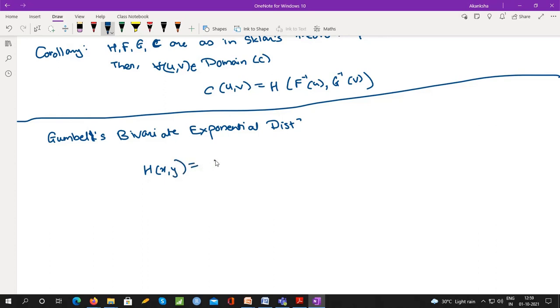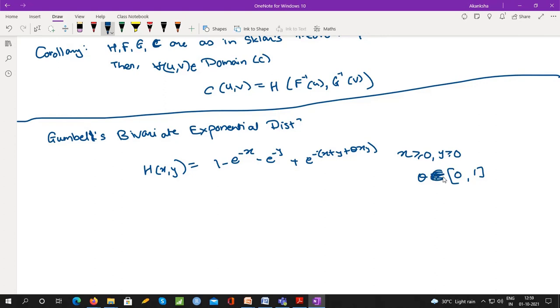So H(x, y) is 1 minus e raised to minus x, minus e raised to minus y, plus e raised to minus (x plus y plus theta xy), where x is greater than or equal to 0, y is greater than or equal to 0, and theta is between 0 and 1.